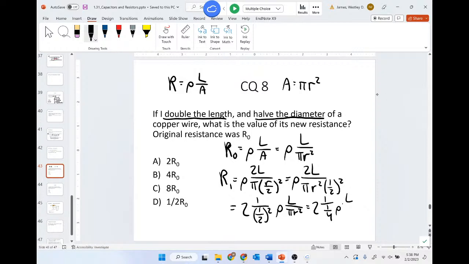I wish I could replace this right side, but my eraser doesn't work, so we're stuck with it. I'm going to replace it in a second with r naught, because that's what the value of r naught is. This is this. So, keep flip change. 2/(1/4) is the same as 2 times 4 times r naught. 2 times 4 is 8 r naught. Boom.